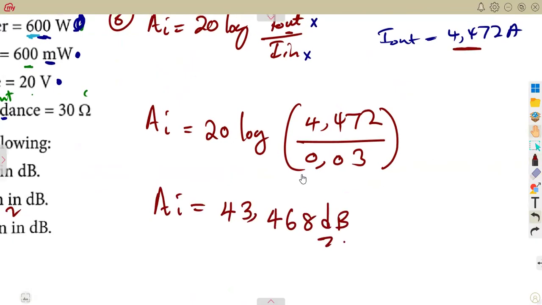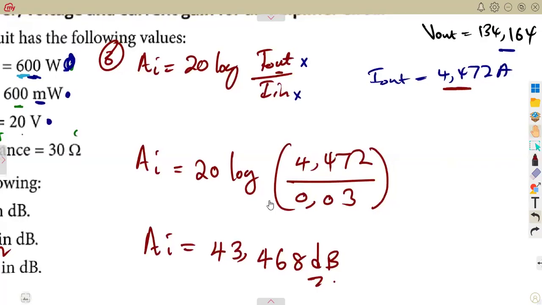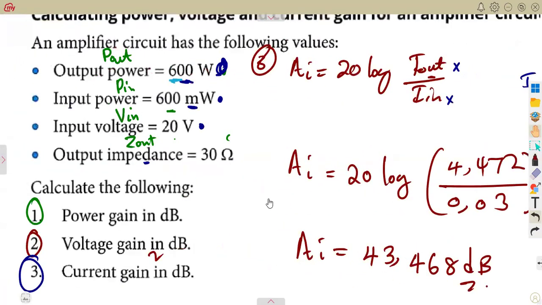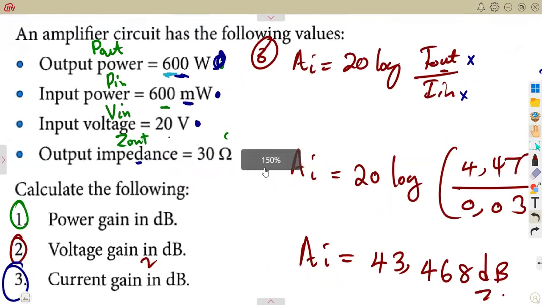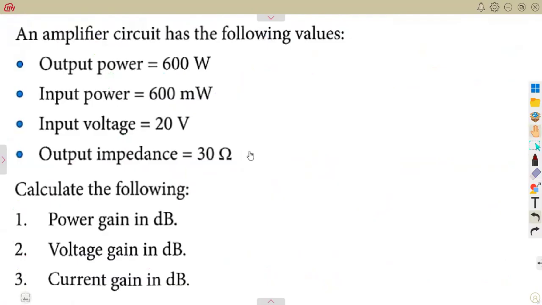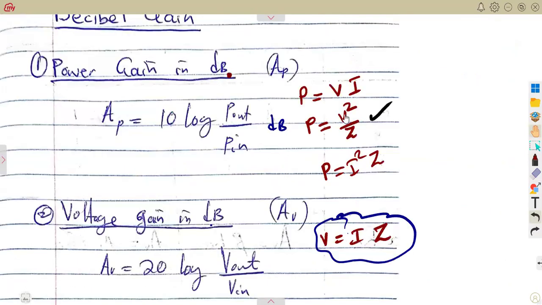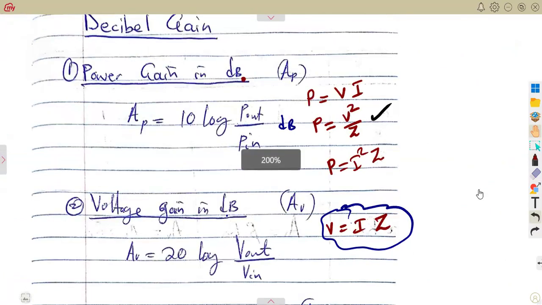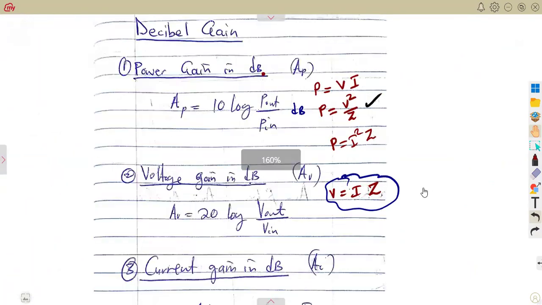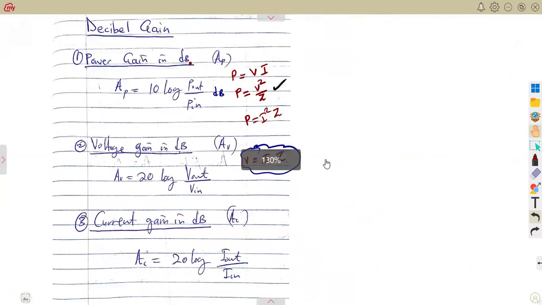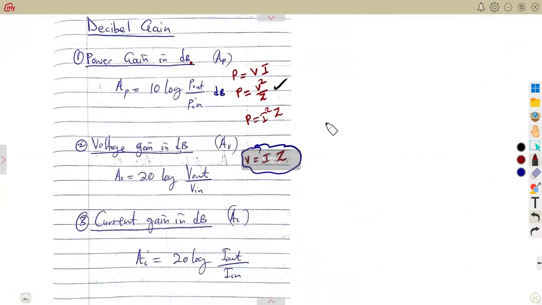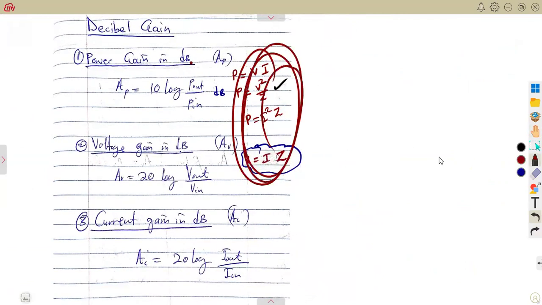So that is what you must expect in your typical questions as you revise your question papers. They are going to have questions of this nature also. So just make sure you understand the formulas of the decibel gain and the relationship between these in terms of voltage, power, current from our normal calculations.